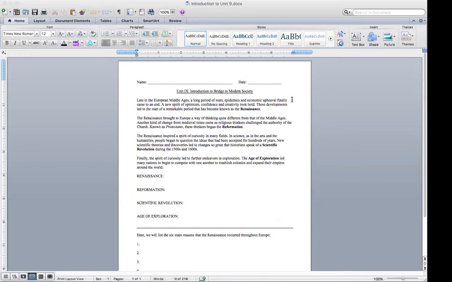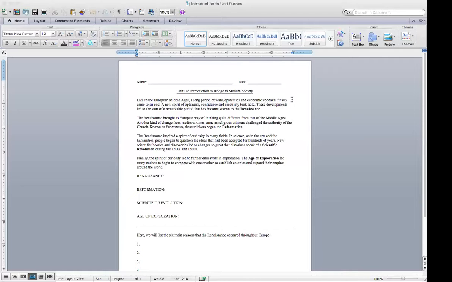The Renaissance brought to Europe a way of thinking quite different from that of the Middle Ages. Another kind of change from those medieval times came as religious thinkers challenged the authority of the church. Known as Protestants, these thinkers began the Reformation. The Renaissance inspired a spirit of curiosity in many fields.